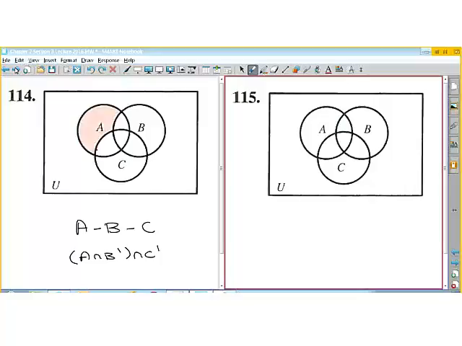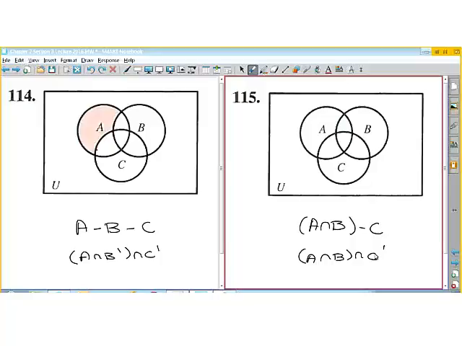So this one, let me write it down, and then we can talk about the three other similar looking little pieces. It's A intersect B, which is this whole thing, minus C. Or it probably would be A intersect B intersect C complement, the other way of looking at it.